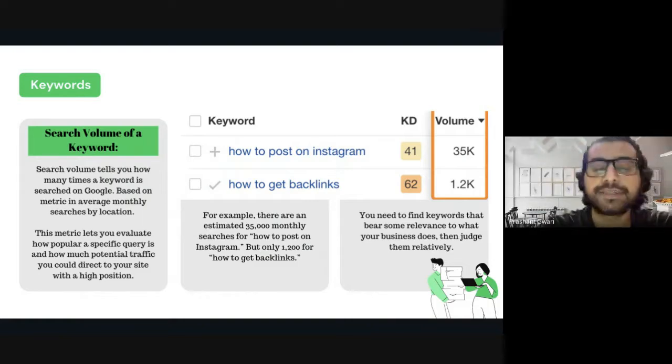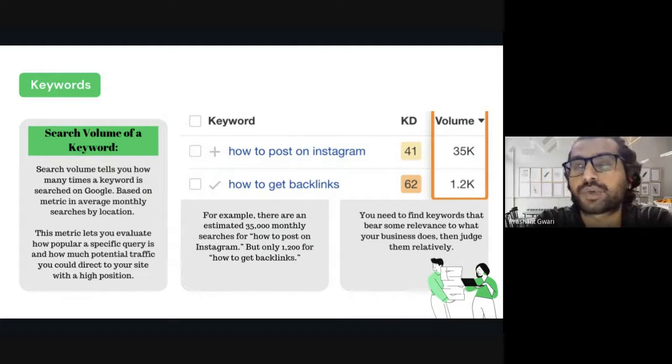This metric lets you evaluate how popular a specific search query, that means a keyword, is, and how much potential traffic you can direct to your website if your website appears in a high position or on the first rank. Let's say you are a blogger and you are helping people use Instagram and how to post on Instagram.